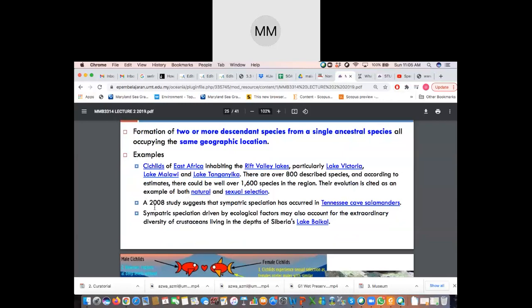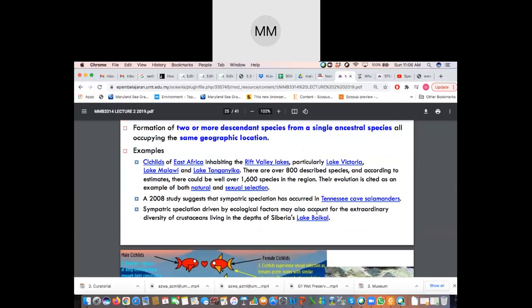Another study, from 2008, suggests that Sympatric Speciation has occurred in Tennessee cave salamanders, all within the same cave. Sympatric Speciation driven by ecological factors may also account for the extraordinary diversity of crustaceans living in the depths of Siberia's Lake Baikal. I think the better idea to understand is that the geographical location is not too big, yet many things can occur in that one small area.